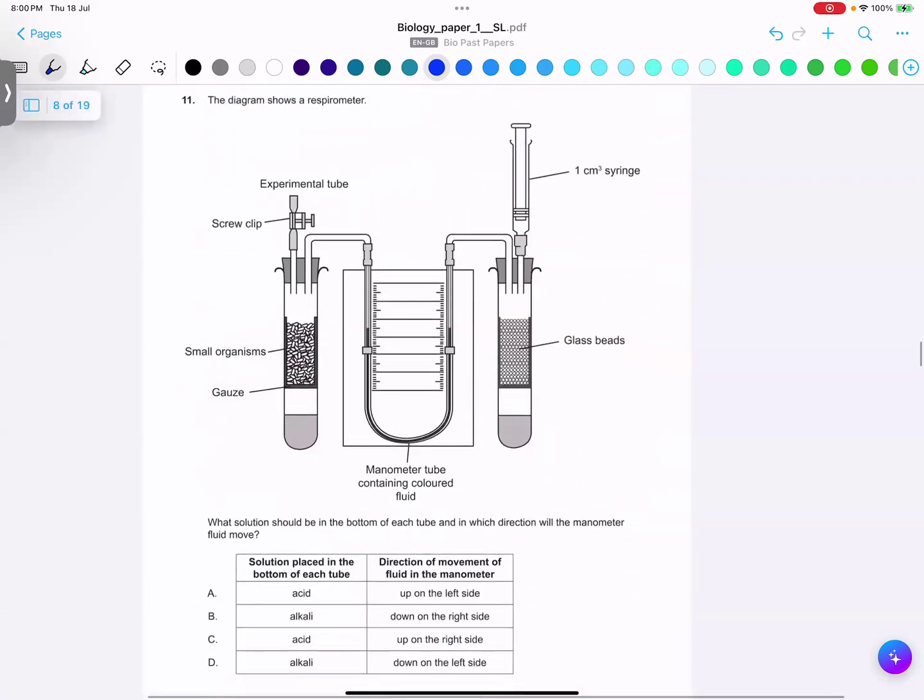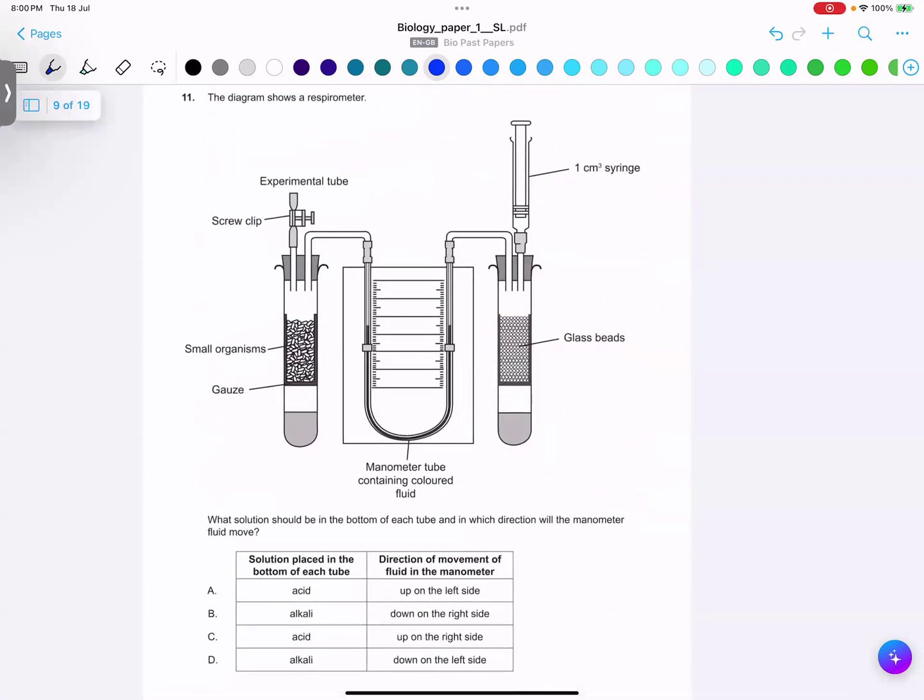Now, the diagram shows a respirometer. So here we have these small organisms, okay, and then we have the glass beads. So in this question, what solution should move in the bottom of each tube, and in which direction will the manometer move?